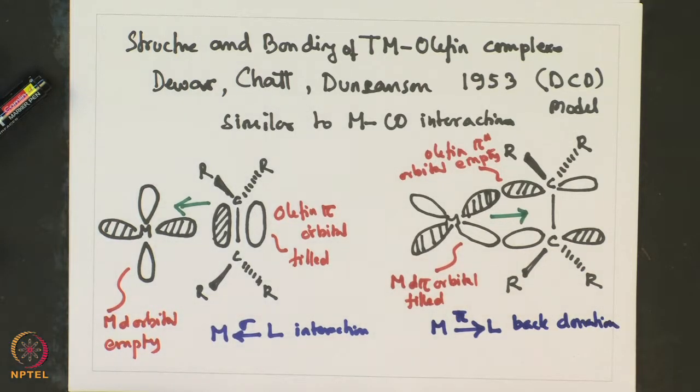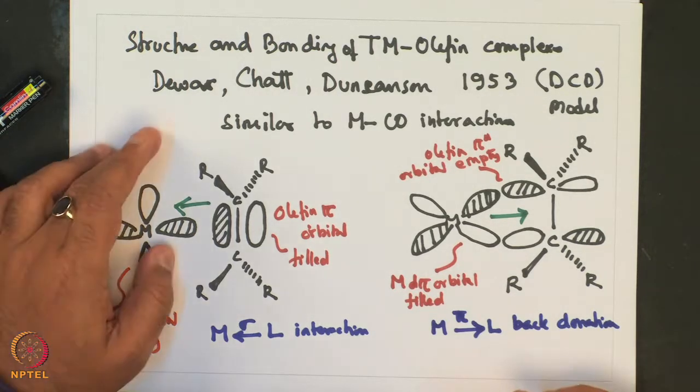So, these two interactions are synergic in nature, meaning interaction of one will reinforce the other. That is why they are synergic interactions. Now, this was developed by Dewar, Chatt and Duncanson, and hence the name DCD.